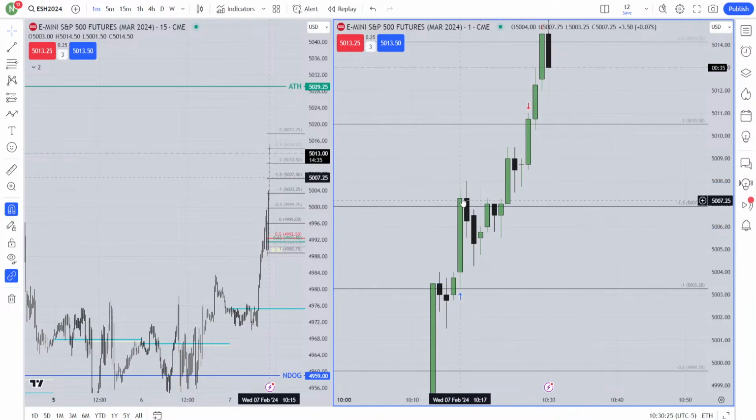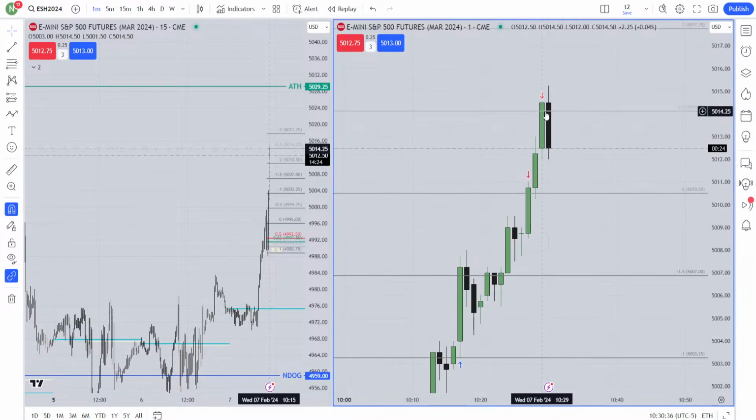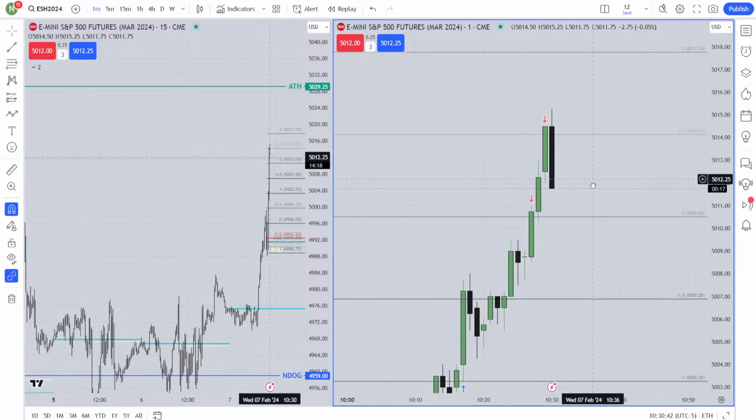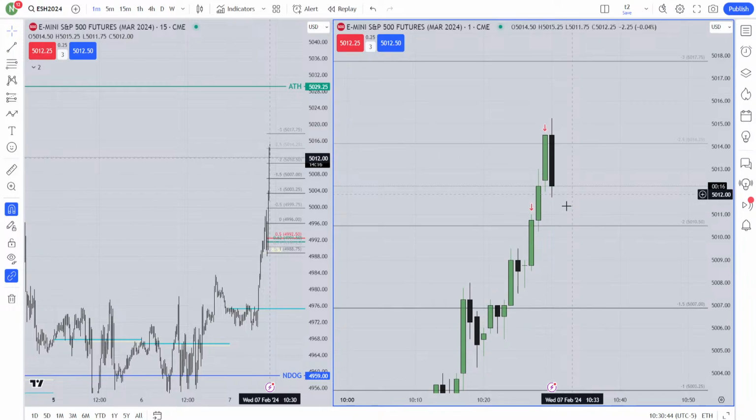When this candle has made this gap, this candle has traded this gap. This is a bear candle as well. Now you can see it has traded this minus 2.5. Now it is coming here to this gap. I want to see it come here and then go higher again. I don't want to see it come here to this measuring gap.